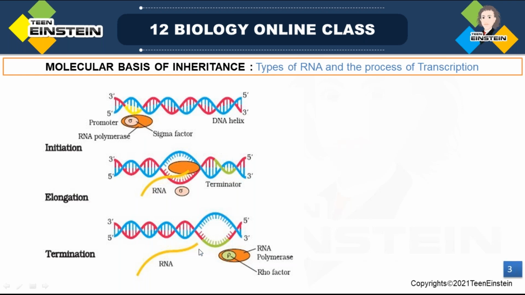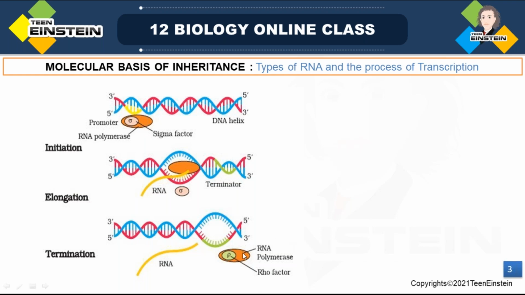That time this nascent RNA will fall off and get separated. And in the termination step, this RNA polymerase also will get separated and move away. Okay. So there are 3 steps: initiation, elongation, and termination.